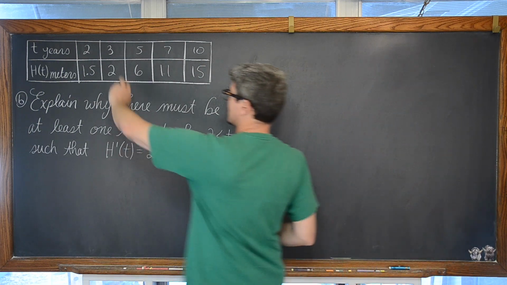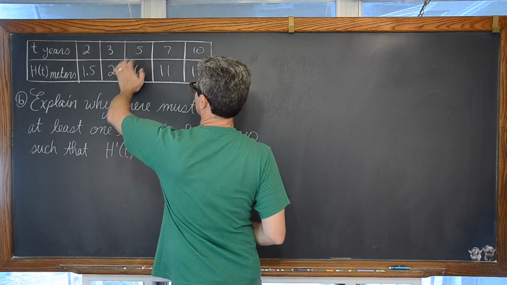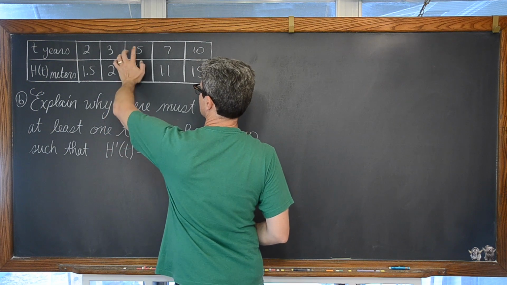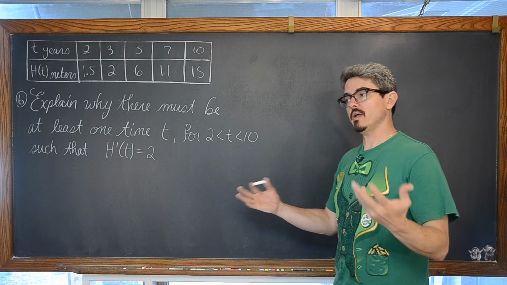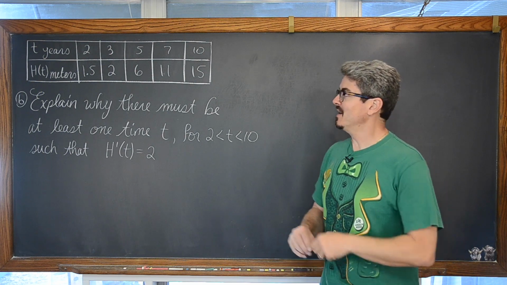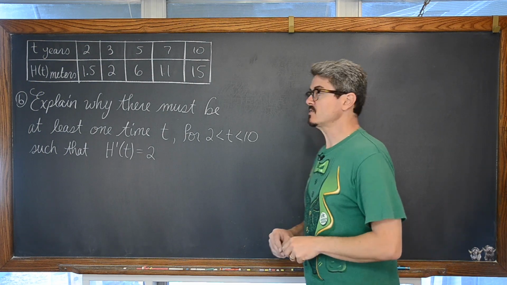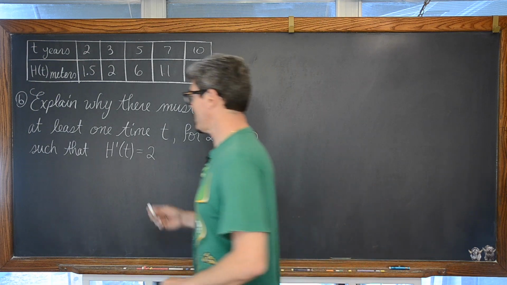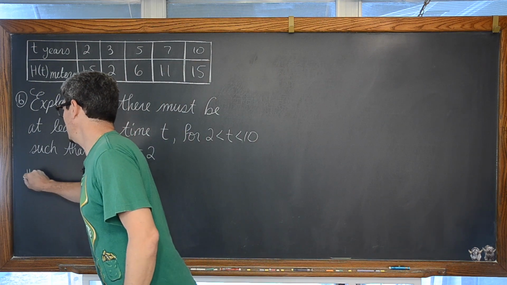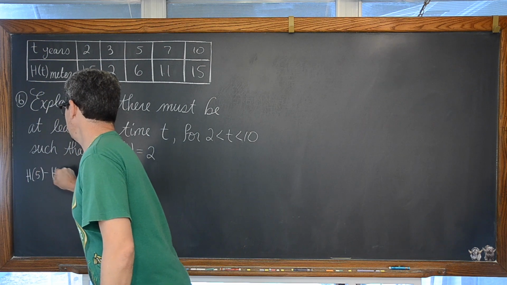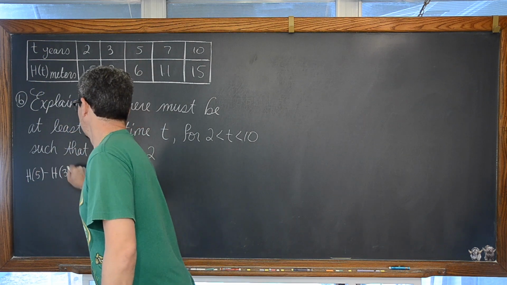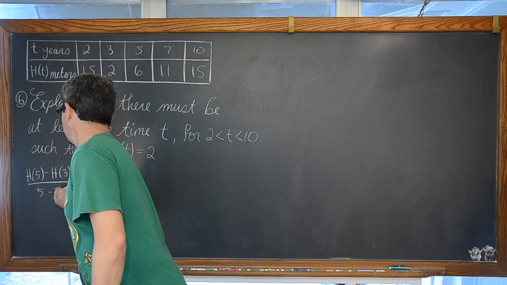But when you focus in on the t values of 3 and 5, we have 6 minus 2 is 4 divided by 5 minus 3, which is equal to 2. Yeah, 4 divided by 2 is equal to 2. That's where we have that average rate of change of 2. So with proper notation, we're going to say that we're working with h of 5 minus h of 3 over 5 minus 3.